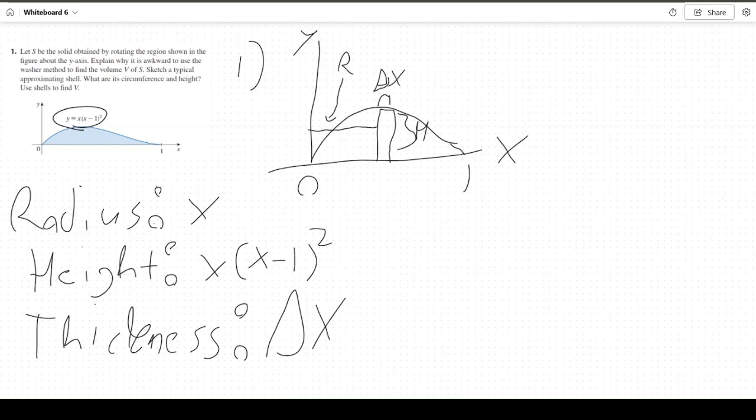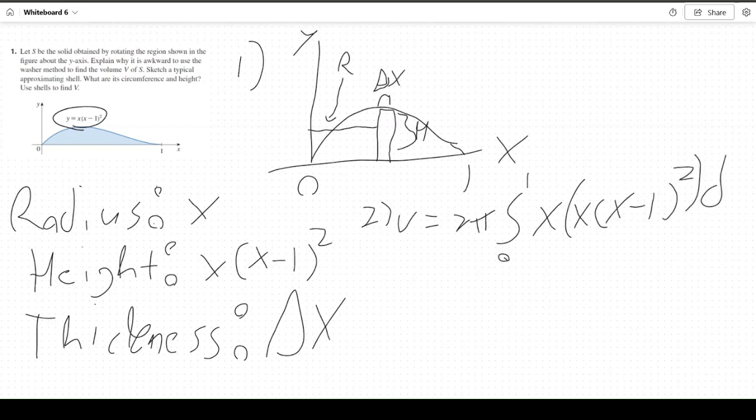So let's do our problem right here. V equals 2 pi from 0 to 1, because they're giving this to us. Let's put our radius here, x. Let's put our height here too, x minus 1 squared. Put our thickness dx or delta x, the same thing.